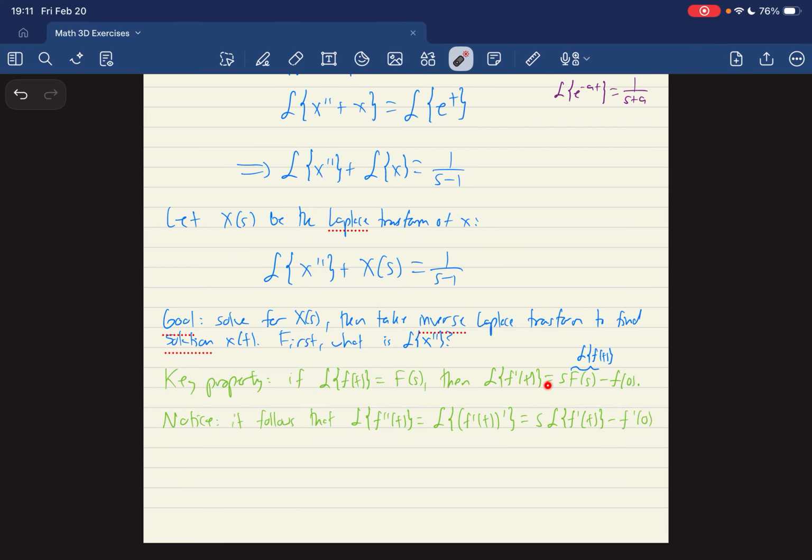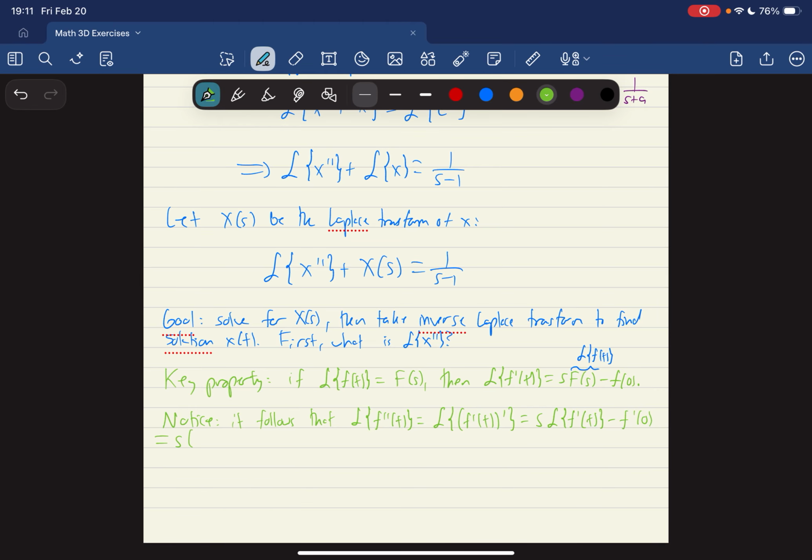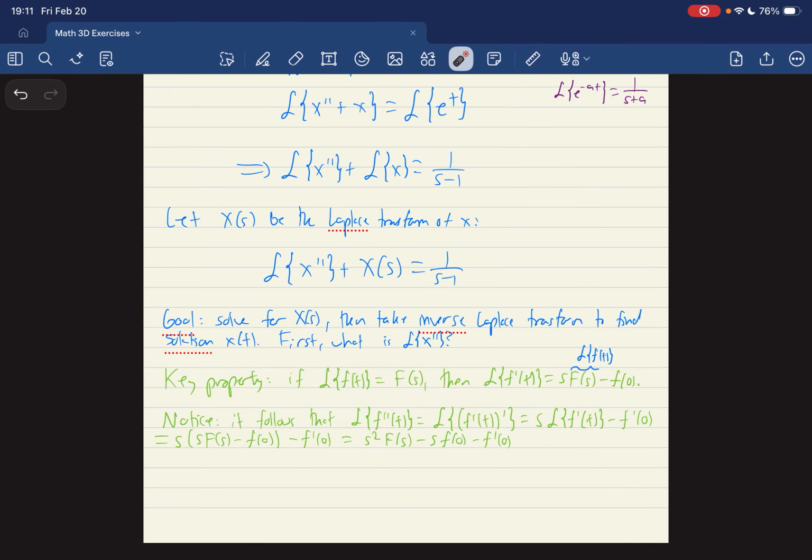So we plug this in to get s F of s minus f of 0, and then minus f prime of 0, which simplifies to s squared F of s minus little f of 0 times s, minus f prime of 0. In general, if you want to work out the Laplace transform of higher order derivatives, you would just use this rule recursively, plugging in your higher derivative on the left side, and then the Laplace transform of the lower derivative for capital F of s here.